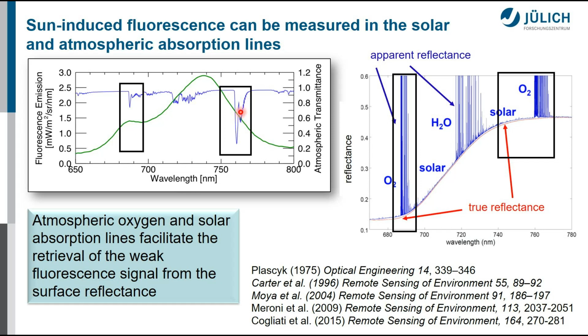And these two absorption lines are a result of the oxygen in our Earth atmosphere. The atmospheric oxygen absorbs photons here in the red and in the far red region.